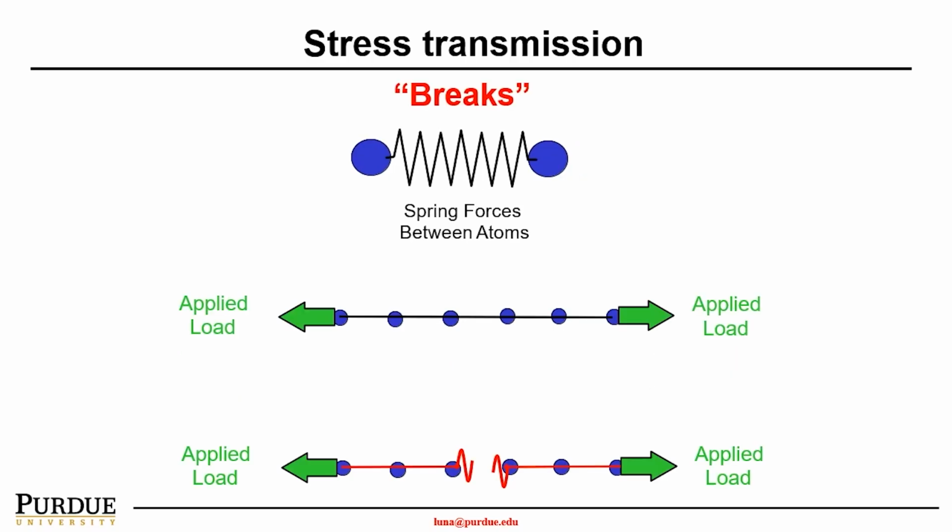So when you apply a loading condition, in particular tension or extension of the material, this tensile loading can be transferred through the atomic bonds. Once you apply a loading to a certain extent, which is higher than the bonding between the atoms, then this bond will break.